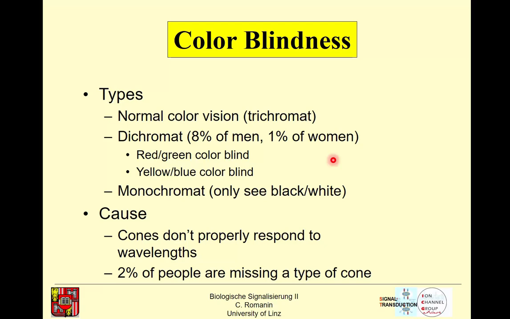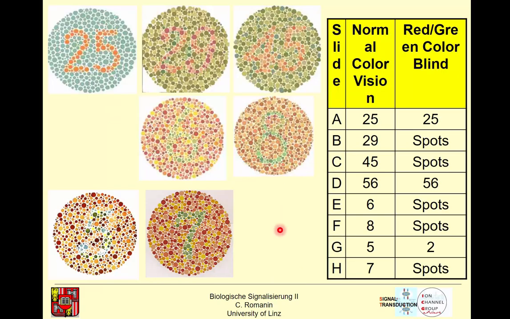In the next slide you can see a test where you can see where problems actually arise for people who have red-green color blindness. You can see here the first should be seen by everybody, that's 25. But here it gets different for a person that suffers from red-green color blindness. 29 or 45 look only like spots.